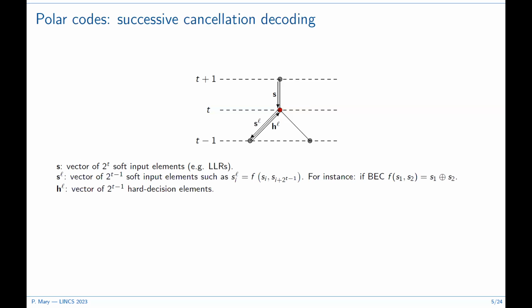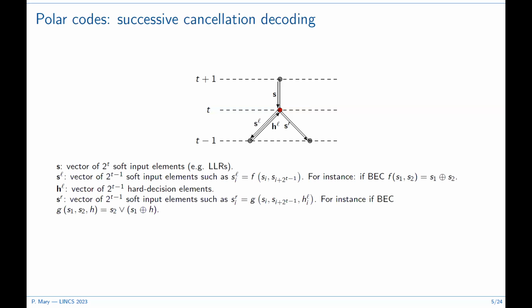This left-hand child node takes a hard decision, and it comes back to this node at level T. This hard decision is combined with the soft input coming from the upper layer to produce the 2 to the power T minus 1 soft input elements for the right-hand child according to a certain function g that also depends on the channel. For instance, if it is a binary erasure channel, this is a combination of a XORing function of the hard decision coming from the left node and the soft input element coming from the upper layer, and also a logical OR.